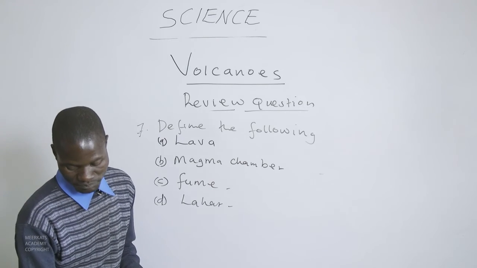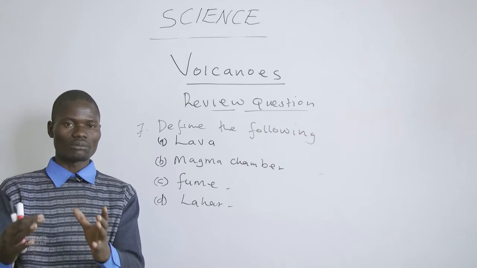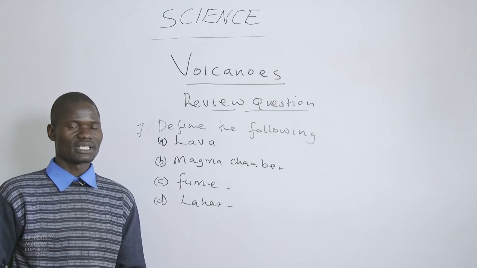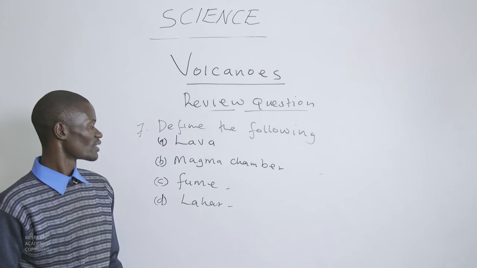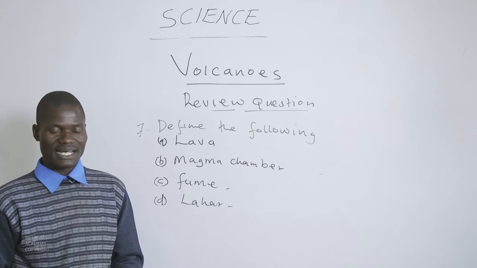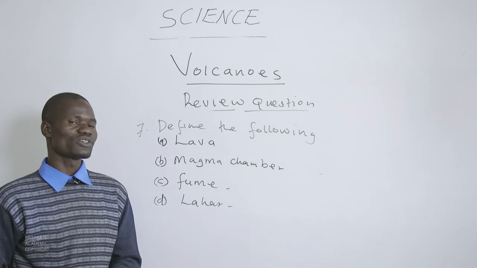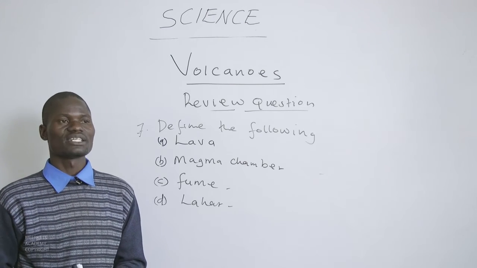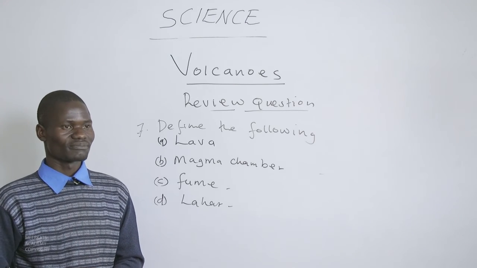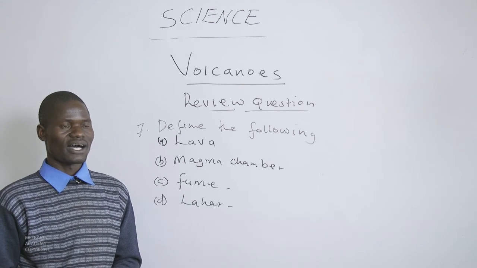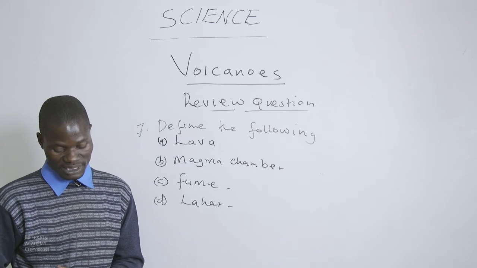A magma chamber is where the original magma is found, and it is below the Earth's surface. What about fume? Fumes are poisonous gases, such as hydrogen sulfide, emitted during eruption that sometimes prevail in the atmosphere and cause respiratory diseases.